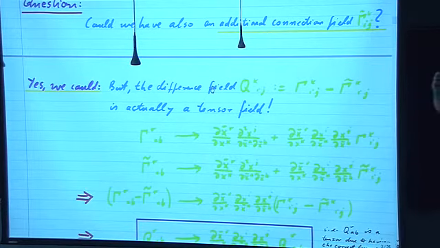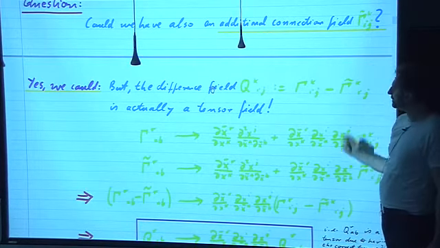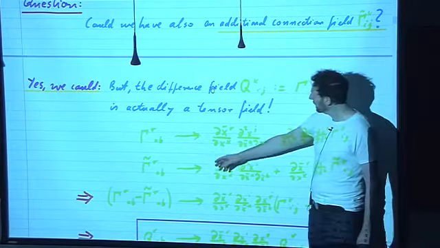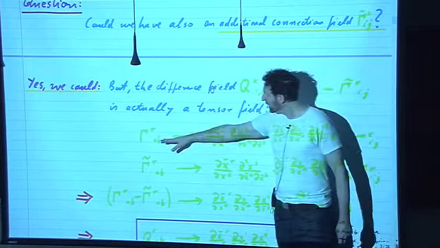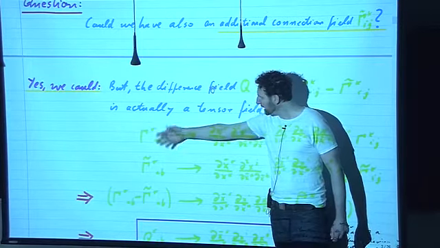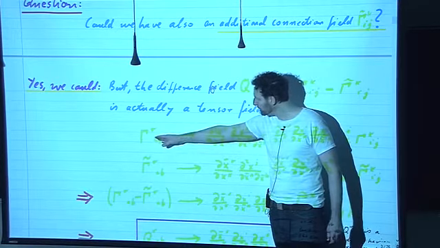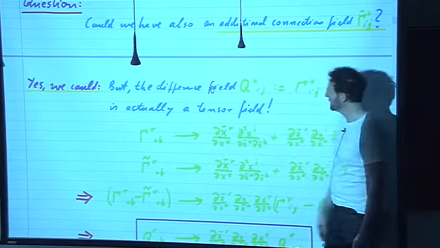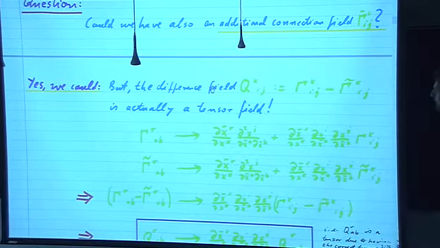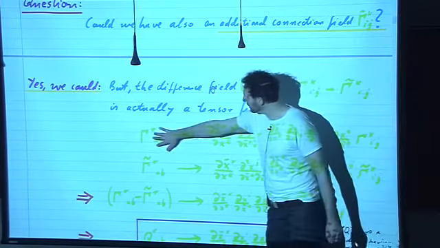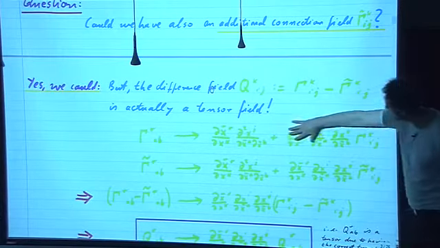But why? Why is it that the difference between two affine connections is a tensor field? Well, remember, we can identify the character of a field by its transformation properties, and in this case, that's the clearest. A Christoffel symbol transforms under change of chart in this way.